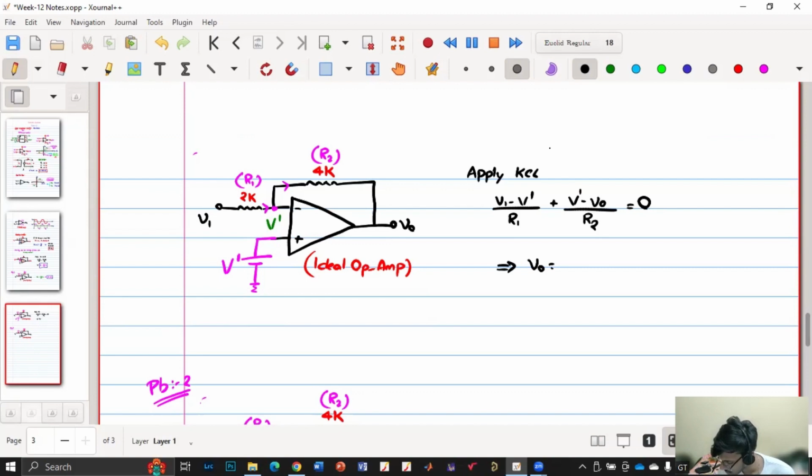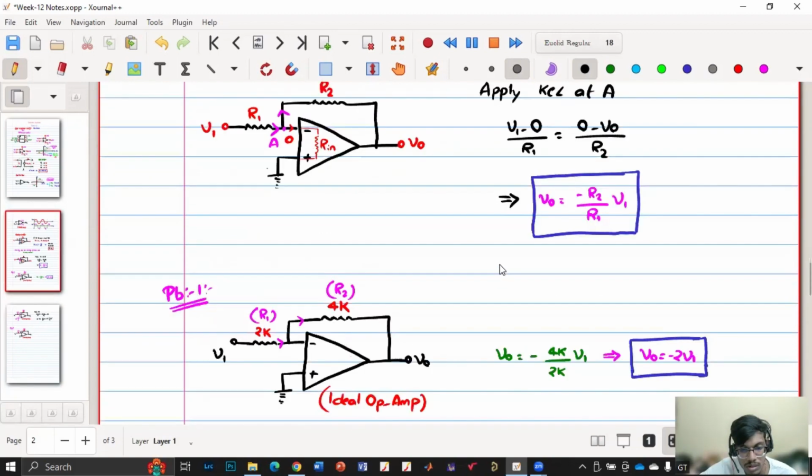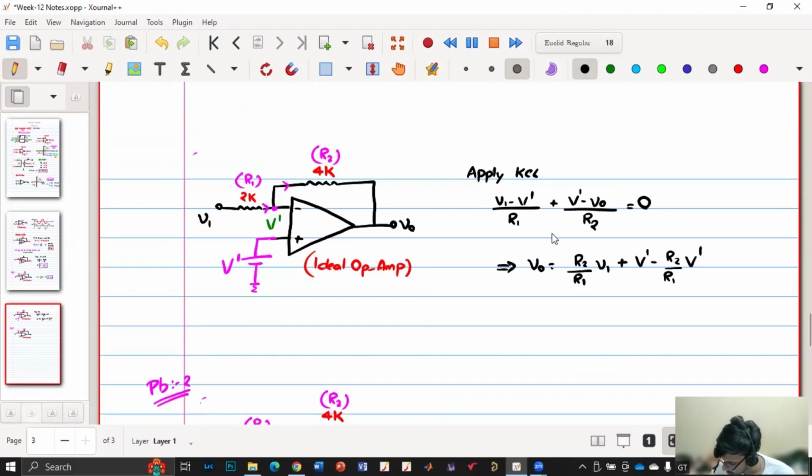If I take V naught on the other side and multiply by R2, then we'll get R2 by R1 into V1 plus V dash minus R2 by R1 into V dash. Is this okay or are we making any mistake? Okay, sorry, this is not plus, this is equal to. Because the current here and the current there are the same, there is a mistake over here.